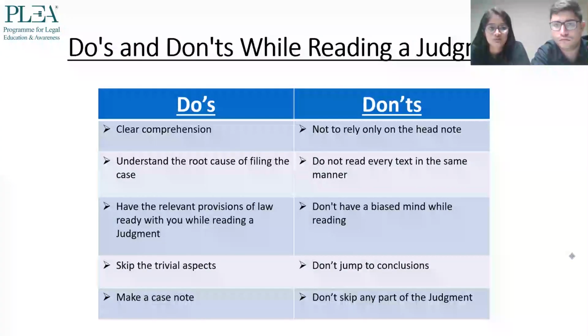This is very important: do's and don'ts while reading a judgment. When you're reading a judgment, it is very important to have a clear understanding of what you're looking for. You have to understand what is the root cause of filing the case.